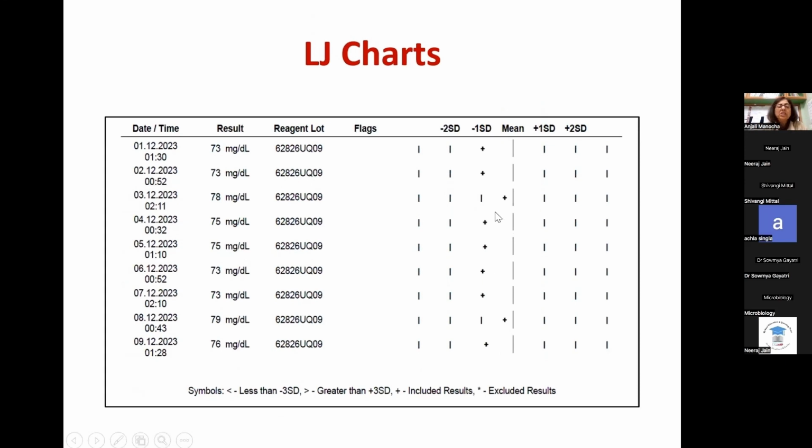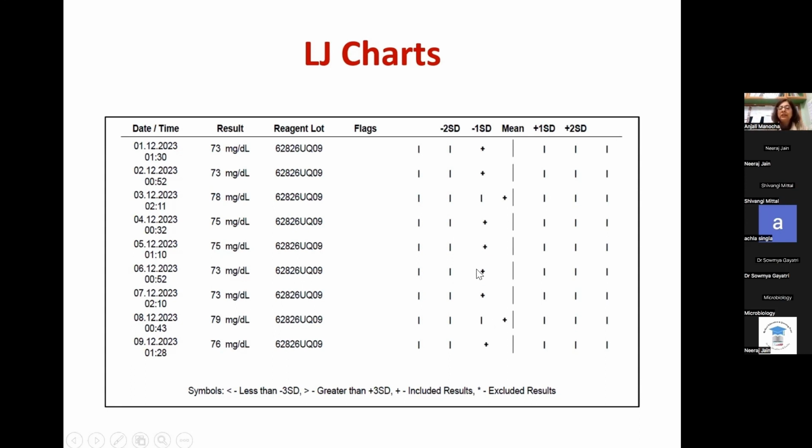Now here we have an LJ chart where all the values are on one side of the mean. Lucky for the lab that they're within 1 SD, but there is a bias. There is a shift from this side to this side. So the lab needs to check what is wrong here.